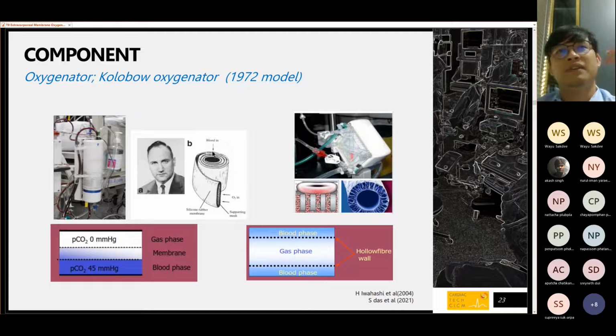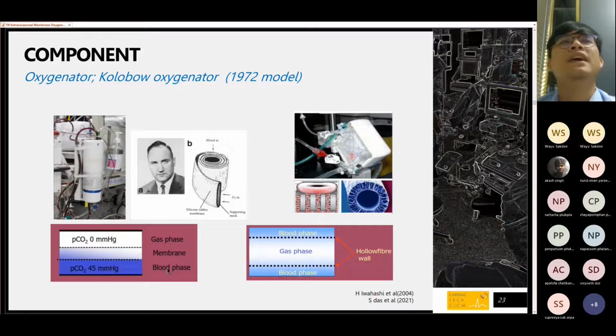The blood goes into here and goes out the other side. And the oxygen fills this sack, like a plastic bag, wrapped and rotated and put in a container like this.